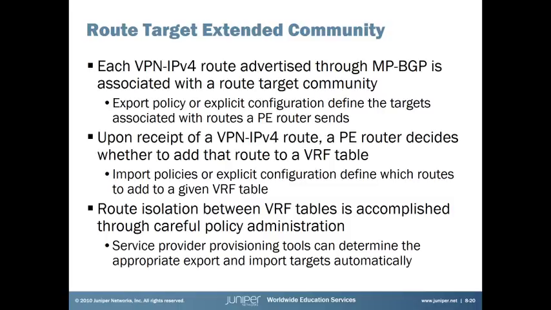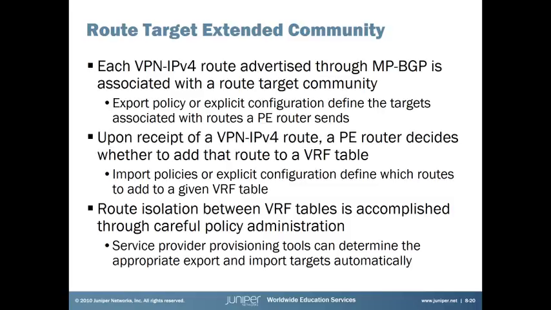Route isolation between the VRF tables is accomplished through careful policy administration. Notice the word careful, because you don't want to muck this up and end up importing the wrong customer's routing information into the wrong table, because that will result in data getting forwarded to the wrong place. Because your routing controls your forwarding, doesn't it? Your routing controls your forwarding. Okay.